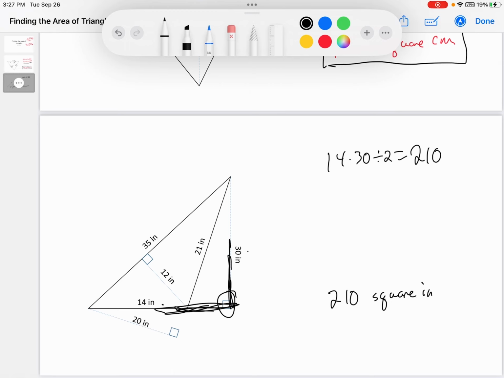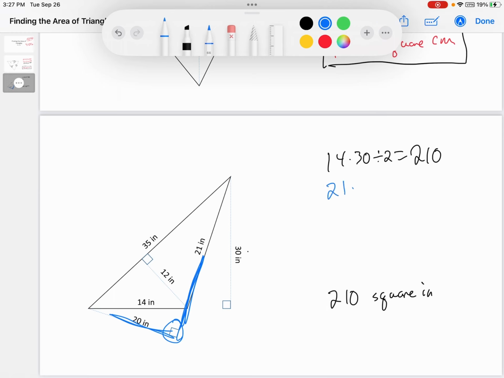In this case, not centimeters, because it says inches. So that's one of the right angles. Let's find another right angle and see what we can do with that. Well, here's another right angle. This one goes this way and this way. So the two numbers are 21 and 20. 21 is the side of the triangle, so 21 is the base.